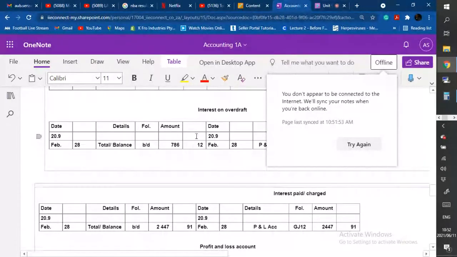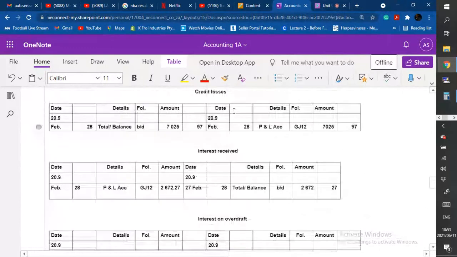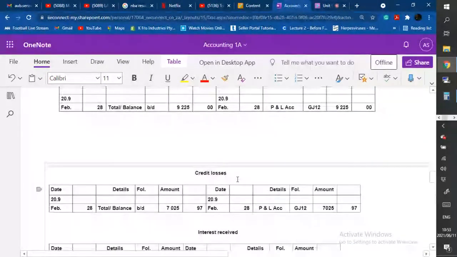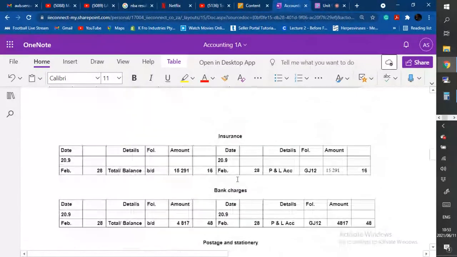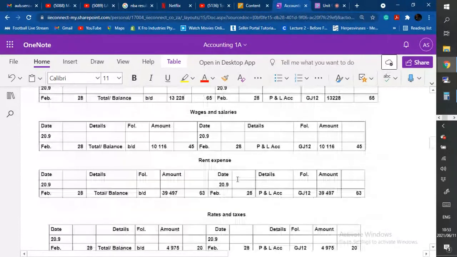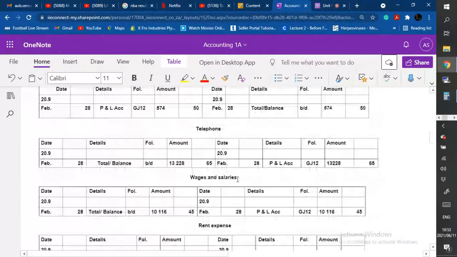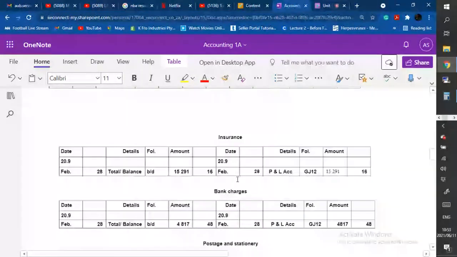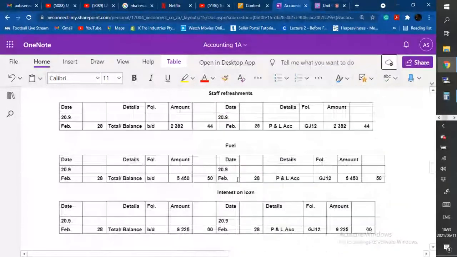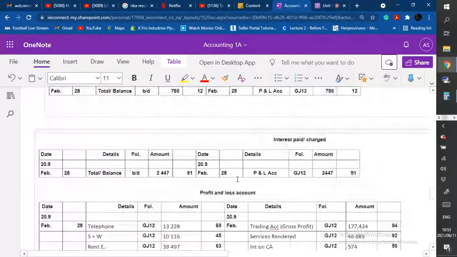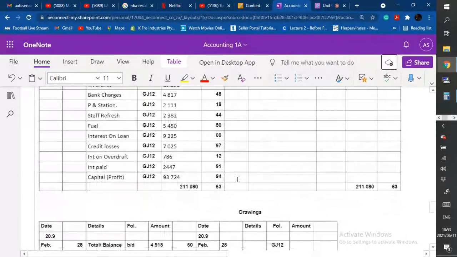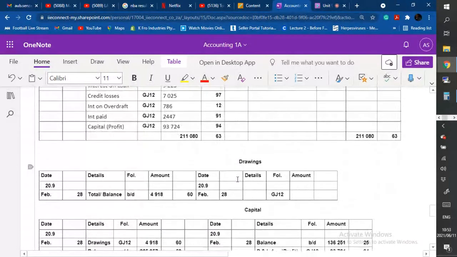Or they can make you do specific accounts in the general ledger. So maybe they say interest on overdraft. Then they say, okay, also do credit losses. Okay, also do insurance. Random different ones, just to see, do you understand what's supposed to take place here? So we will never ask you a question as long as this. It will take too much time.